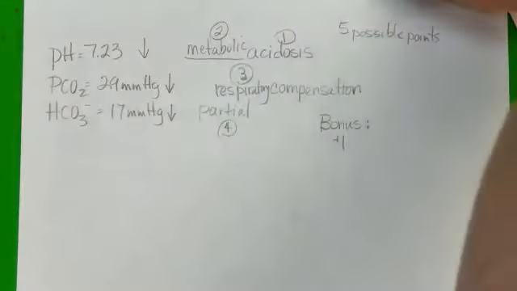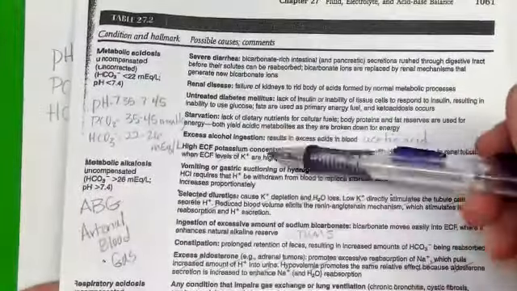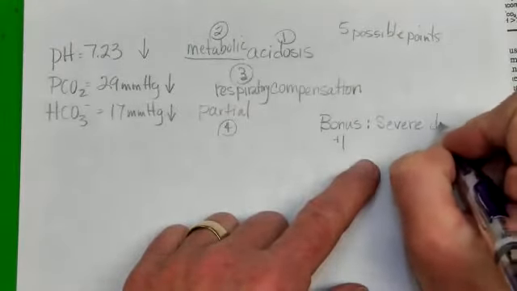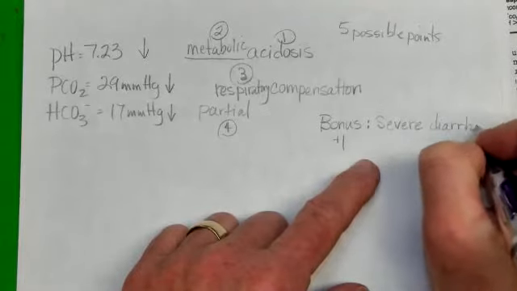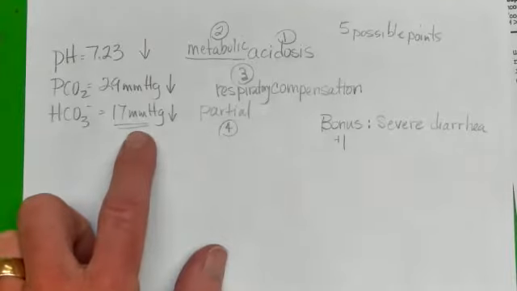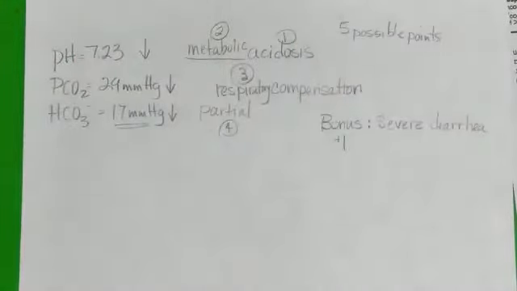So you're going to memorize these causes right here. Maybe I have severe diarrhea. Because remember, with severe diarrhea, I'm losing bicarbs. So this is full credit on a question.